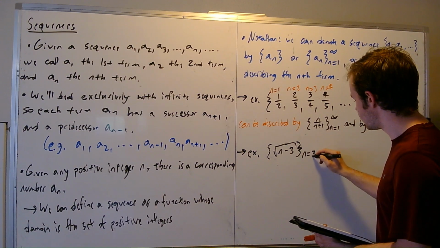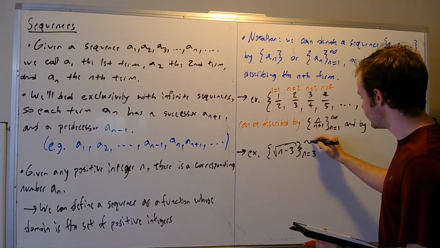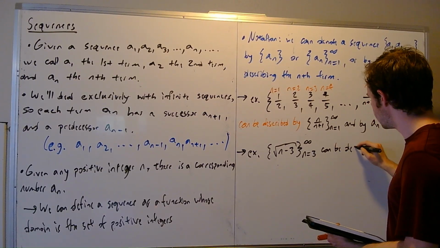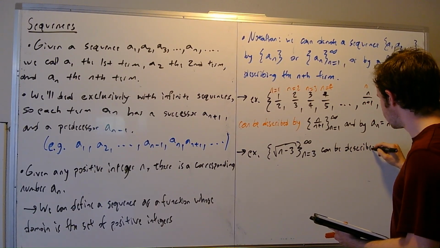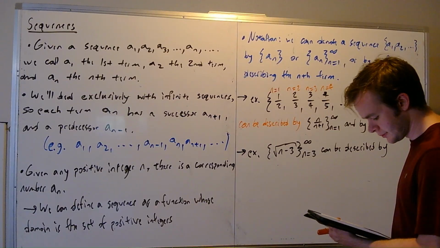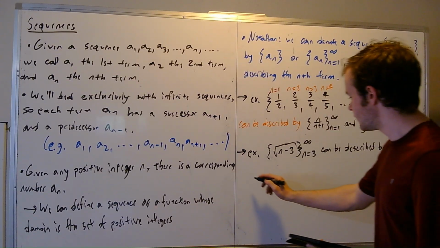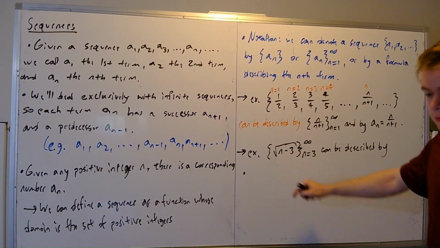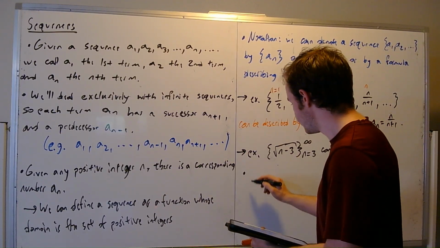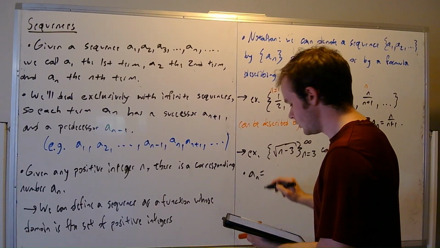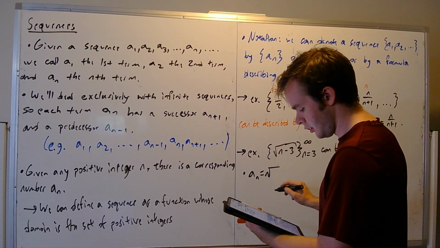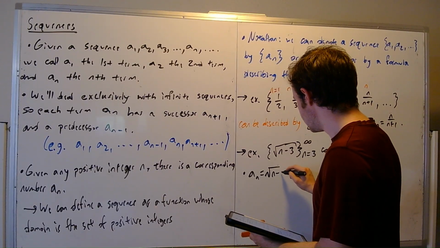From n equals 3 to infinity can be described by, so we said one way of describing it is just by using the formula. This is our formula. So we can just describe it by a_n equals square root of n minus 3.